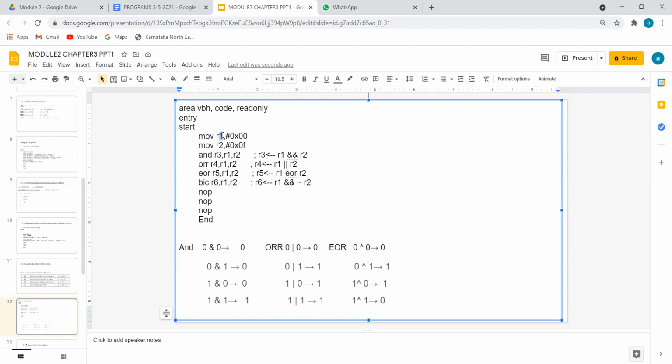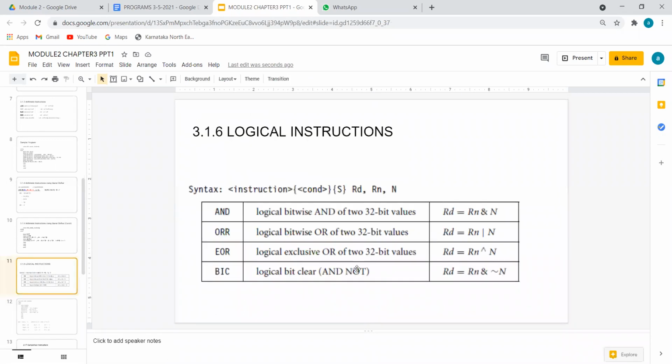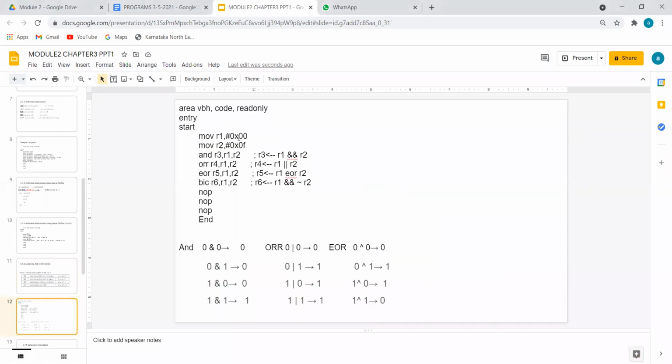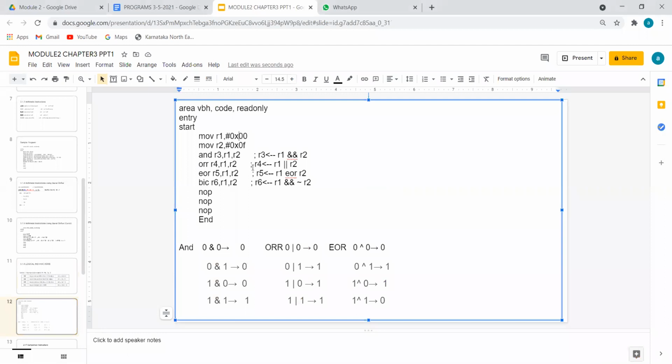So what is the first number? 0, 0. What is the important thing here? Even though I have written 0, 0, what we have to get from this slide, see this comment where the cursor is: numbers should be 32-bit. If numbers are 32-bit, we have to assume 8 symbols.